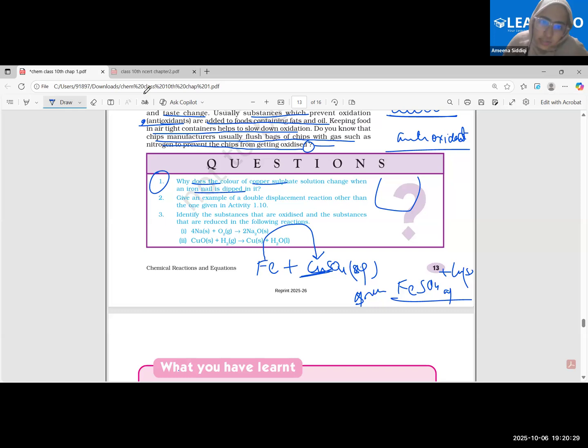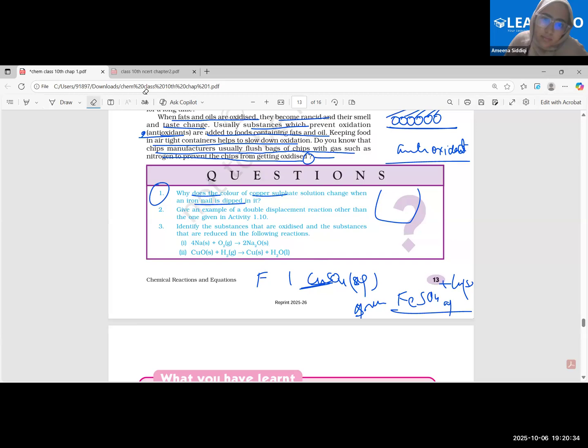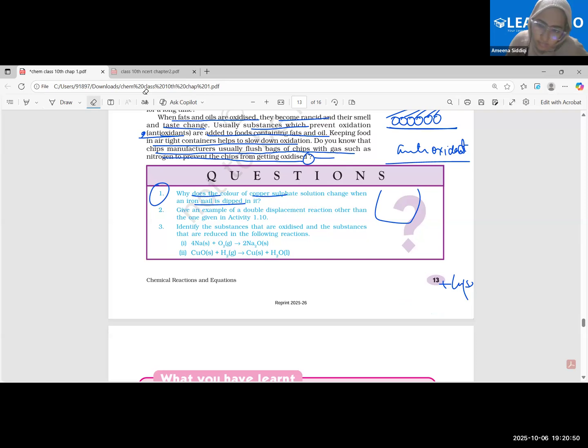Fine. Question three. Identify the substances that are oxidized and the substances that are reduced in the following reactions. 4Na plus O2 gives 2Na2O. Identify the substances that are oxidized and the substances that are reduced.